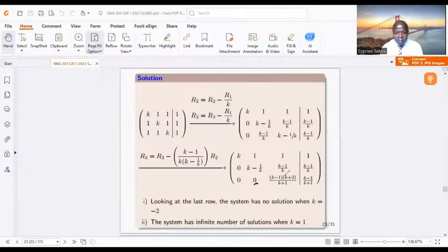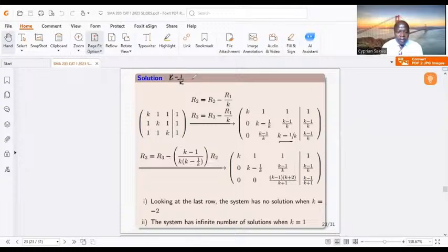So the only part that I'm supposed to show you is how I came to this. Let me show you how I arrived at that. So I have row 3. Row 3 is this element. Let me write it. k minus 1 out of k.